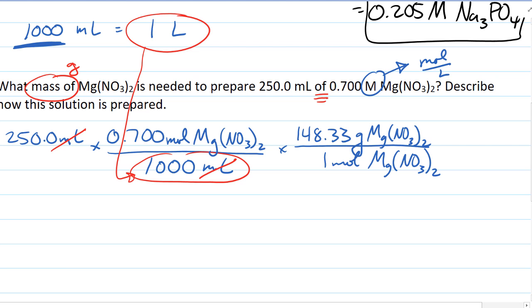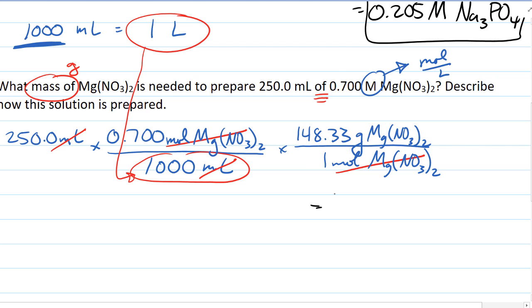Okay? Now, moles of magnesium nitrate cancel out. And then we multiply through on here. We take 250, multiply that by 0.7, multiply again by 148.33, divide the result by 1,000. How many significant figures should there be?